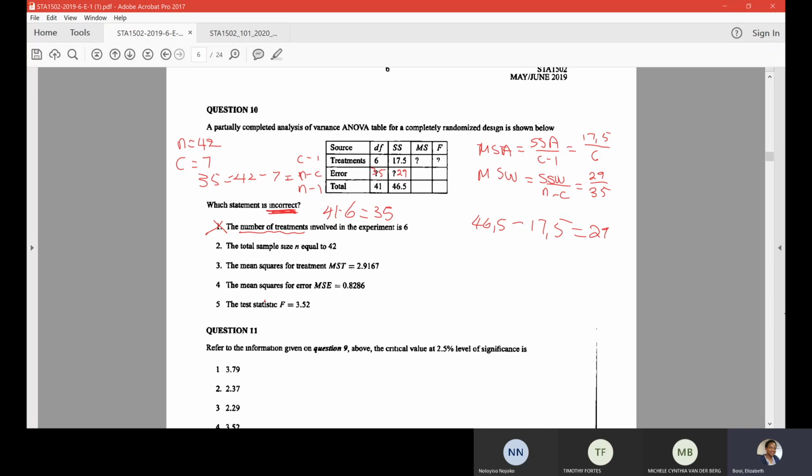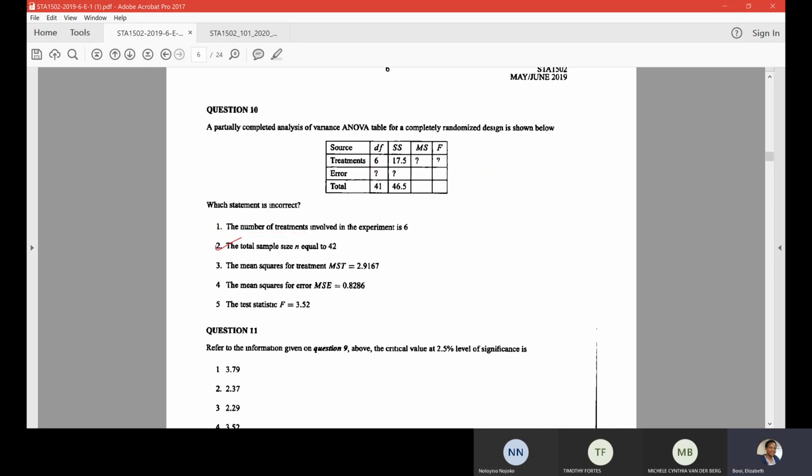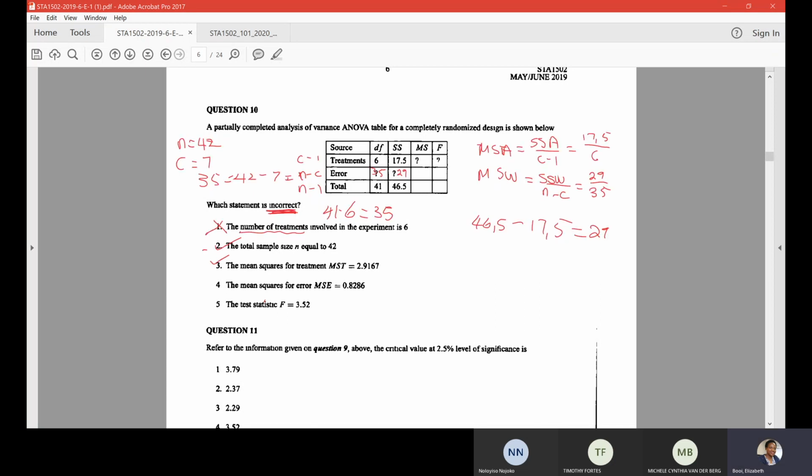If I browse through this whole question, you would have calculated your mean square measure, the MSA for treatment, which is 17.5 divided by 6, which is 2.96. So this would be correct. Also, if you take 29 divided by 35, it will give you 0.82, which is correct.